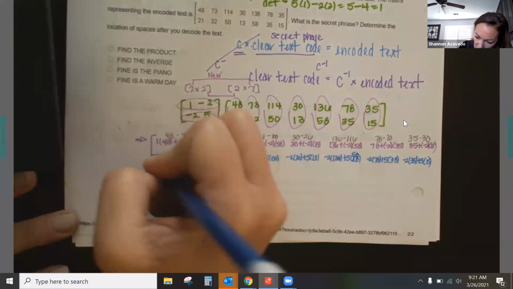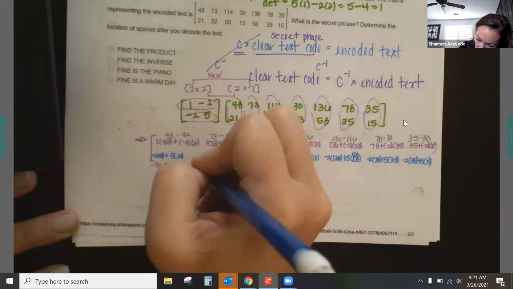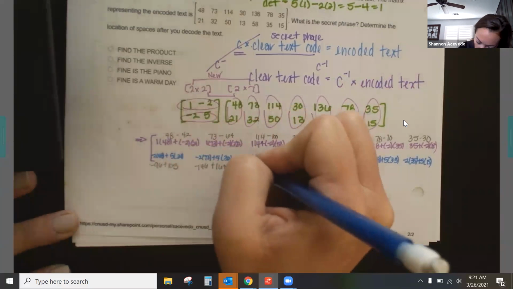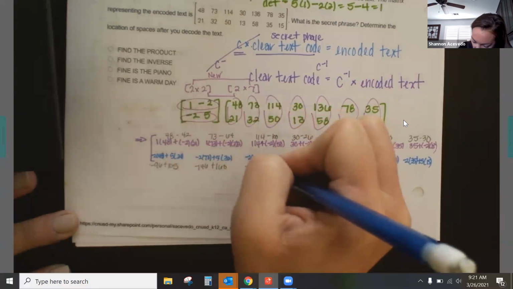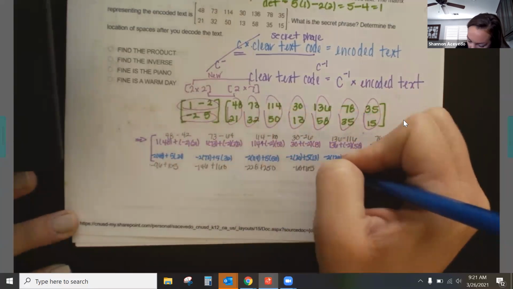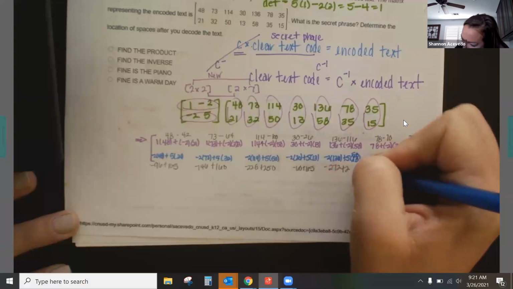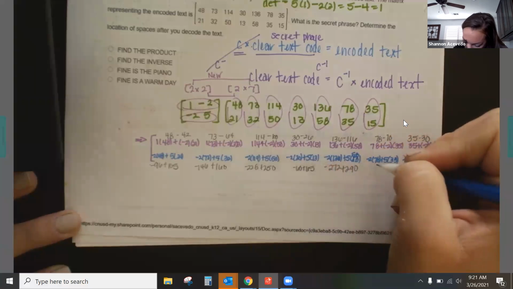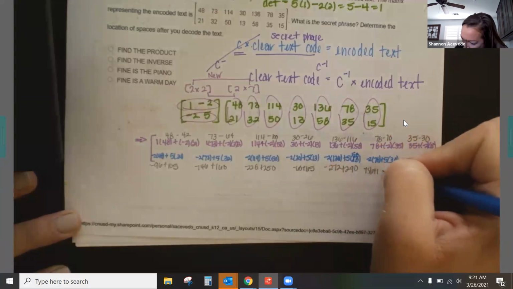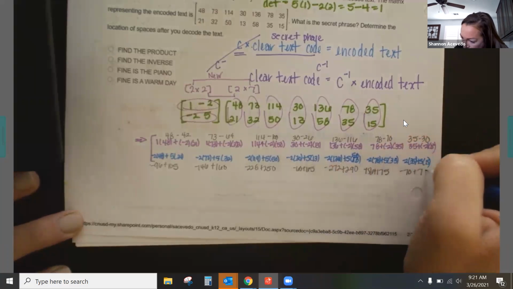I have negative 96 plus 105. I have negative 146 plus 160. I have negative 228 plus 250. Negative 60 plus 65. Negative 272 plus 290. Negative 156 plus 175. Negative 70 plus 75.